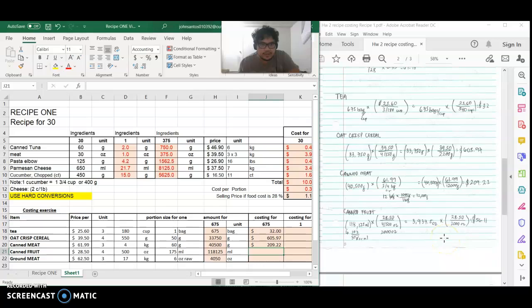So if we're going to canned fruit right here, I put a solution right here. So we got 118,125 ml, but for this one, convert it to ounces.